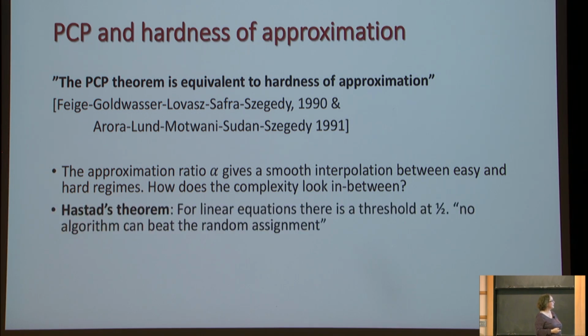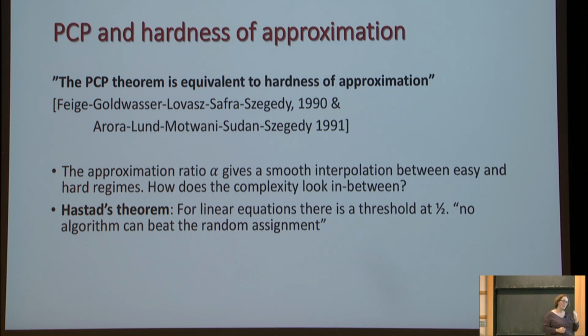Okay, and for example, for linear equations, we have this beautiful theorem of Hastad, that says actually for linear equations there's a threshold at 1/2. It is NP hard to do anything better than 1/2, so above 1/2. Yes, linear equations over GF2.